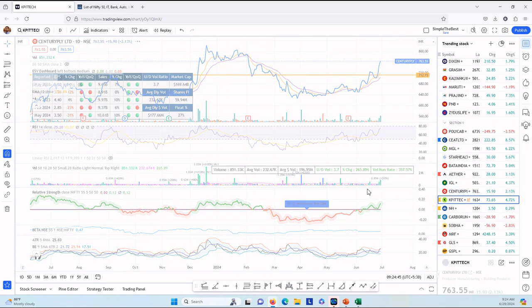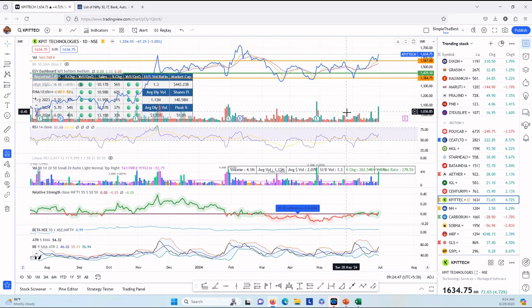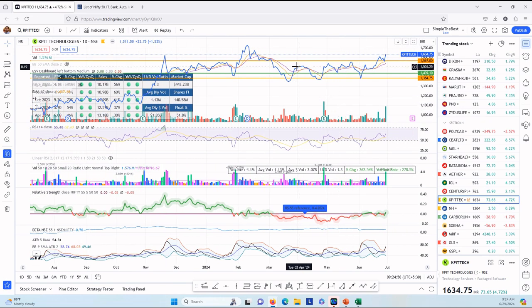If I see KPIT especially, yes, after this long consolidation, it has given a breakout. So I think next it will come to that. Price-wise, the volume is really showing strong. And if I see especially EPS change and sales, it's massive.